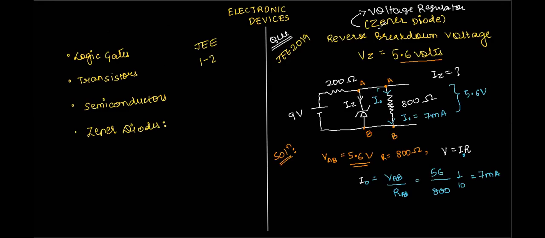Let us forget about the diode for some time. Because one of the principal functions of the diode is to maintain the voltage across this resistor, right? So across this resistor AB, the voltage has been maintained to a value of 5.6 volts, correct?